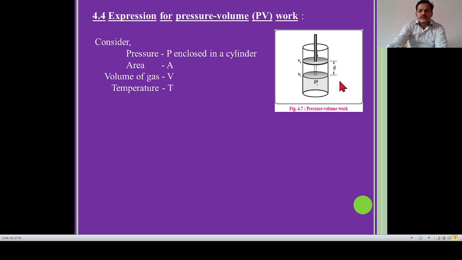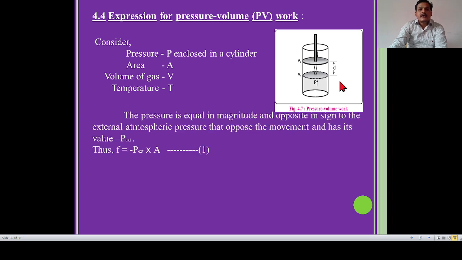Okay, so we have to see here the gas enclosed in a cylinder, A area, V volume of gas, T temperature of gas. The pressure is equal in magnitude and opposite in sign to the external atmospheric pressure, which opposes the movement and has a value minus P external.